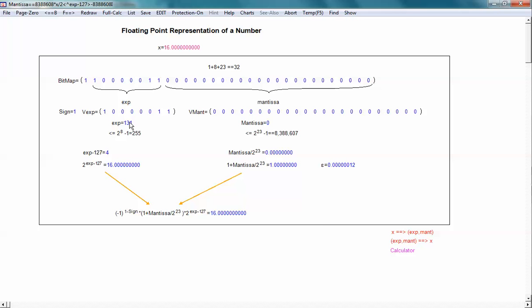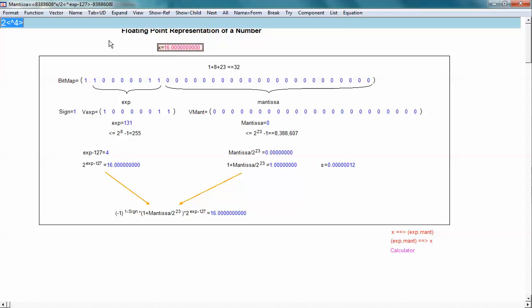And I don't get 4 here, I get 131. But I get 4 here, and that's really what I meant. I wanted to get a 4 down here, so I plug in 2 to the 4th. And so any power of 2 is going to show up as a number down here and all zeros over here. Because when you have all zeros over here, this part here is just 1.